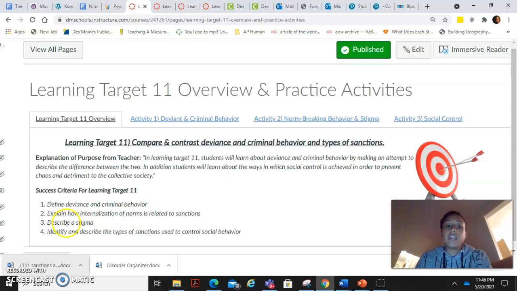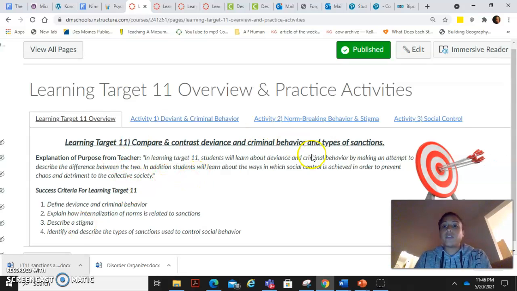And then we started diving into the functions of deviance, things like bringing groups together, unifying groups, solidifying what norms are, what expected behaviors are, reminding others, hey, this is what the appropriate behavior is of society, and there are consequences if you do not abide by those, right?